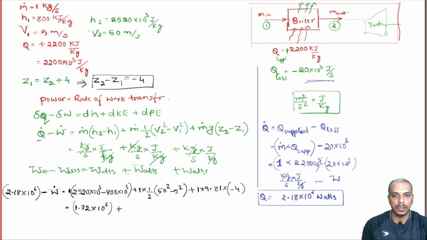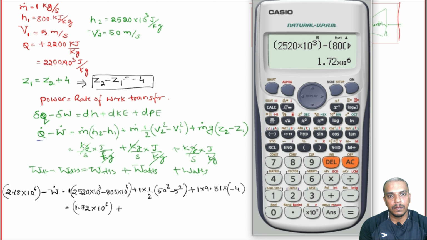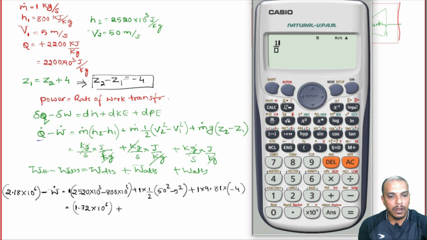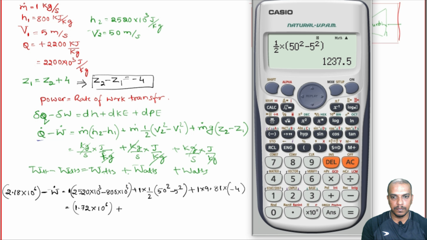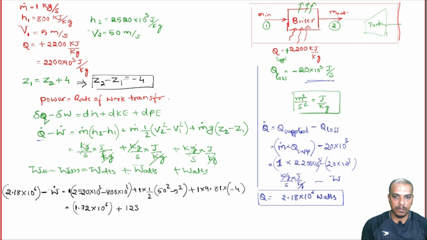Plus half into 50 square minus 5 square. 1237.5. Now, this is negative here.